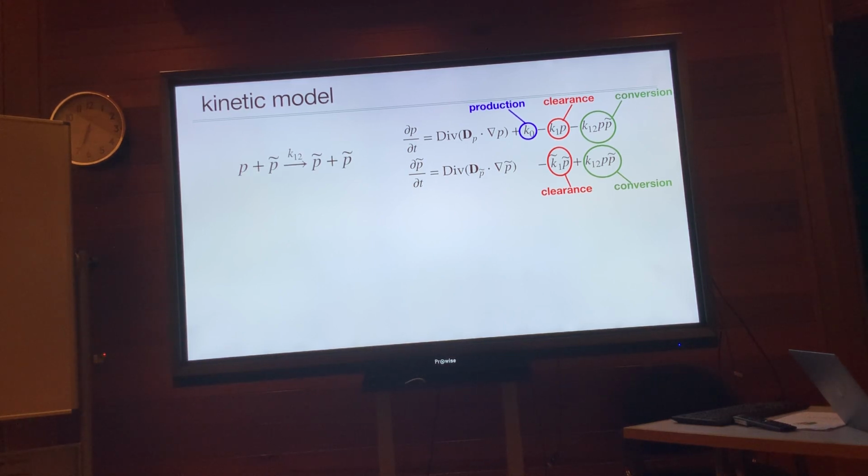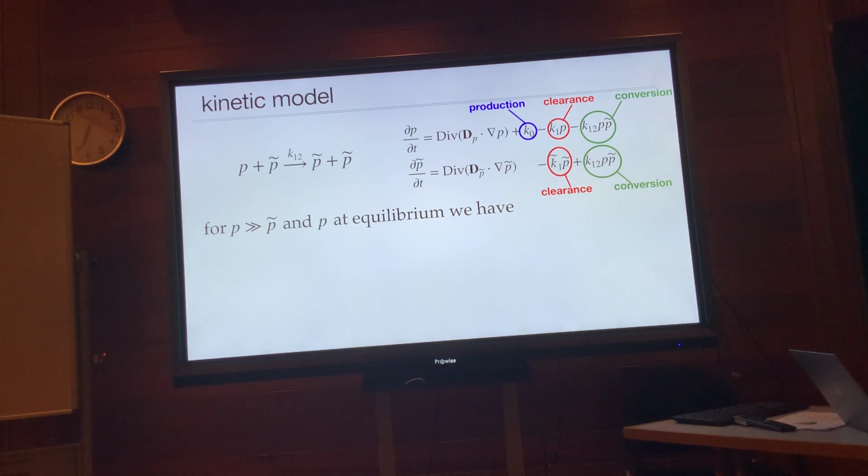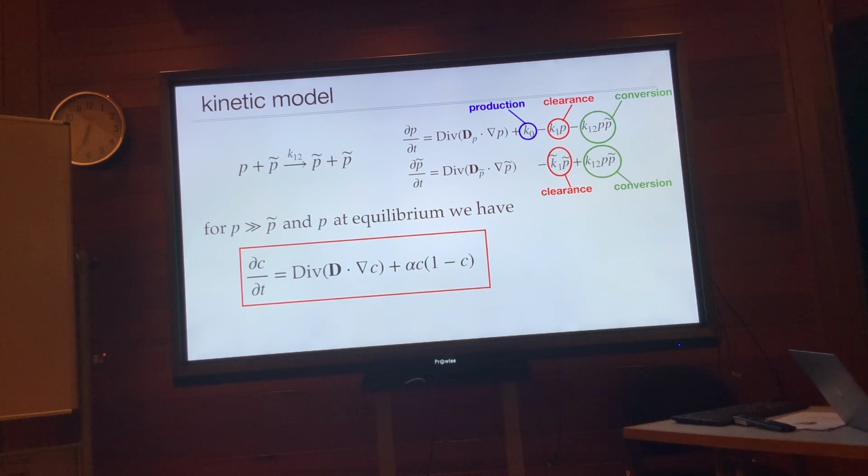Okay, so let's start with this model. I will talk in a second about what these terms are. These are just for transport. It's a diffusion term. But if P is much bigger than P tilde, you can simplify that. And now you have a population C, which is the toxic protein concentration. And you can relate the parameters, it's not important. C is the concentration of toxic protein.